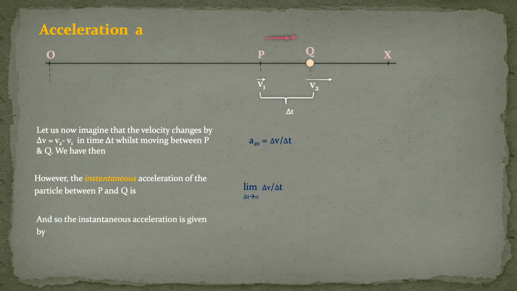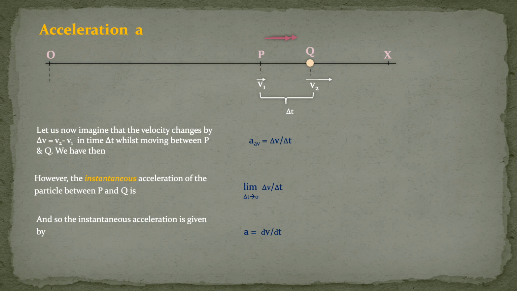Now, of course, we will again use calculus notation to say that the acceleration, that is the instantaneous acceleration, is dv by dt. Now, we would only require an instantaneous acceleration to be calculated if the acceleration were changing. Otherwise, the average acceleration describes the full picture.